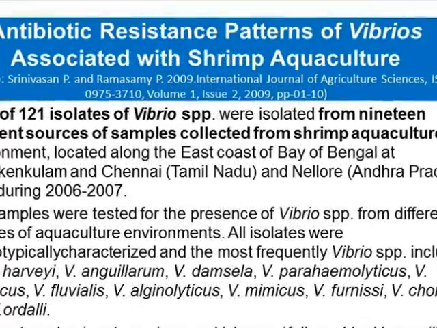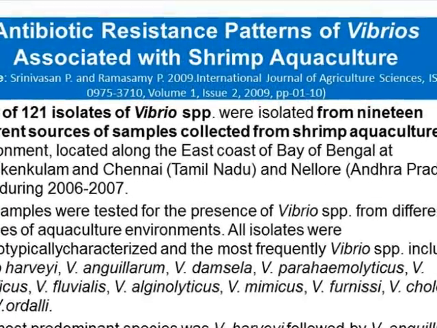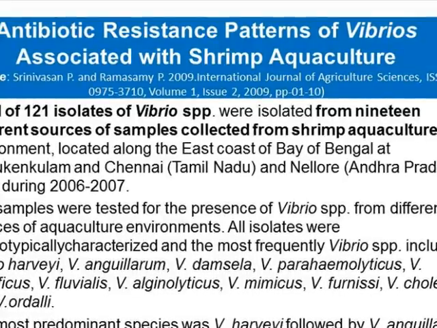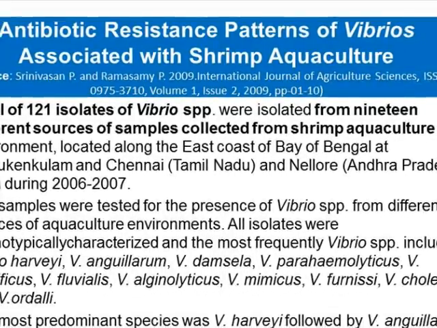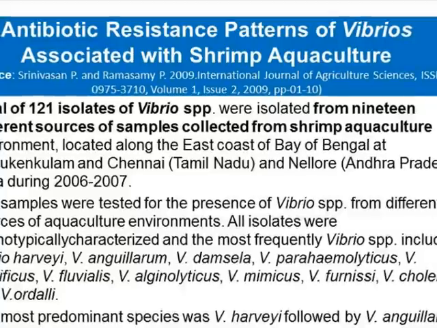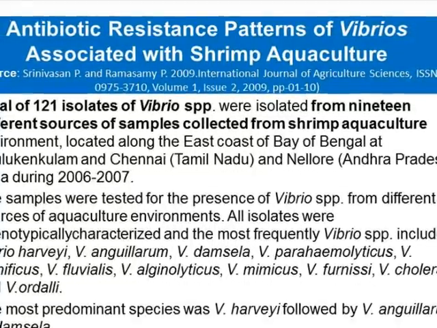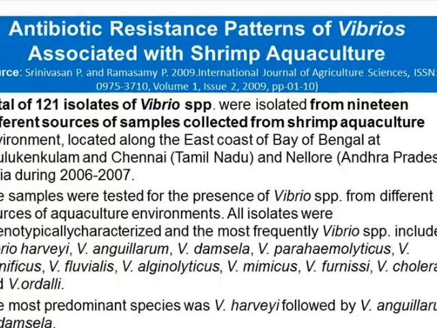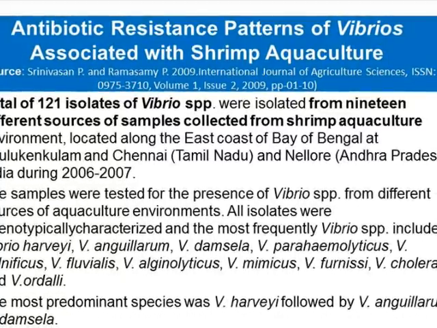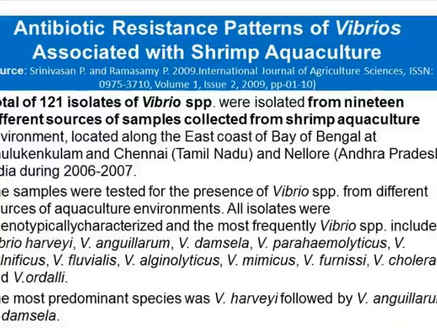A study done in India and Pakistan, one of the central areas for shrimp aquaculture production, found that over 9 different species of Vibrio, including Vibrio cholerae, Vibrio vulnificus, and parahaemolyticus, were found in processed samples.